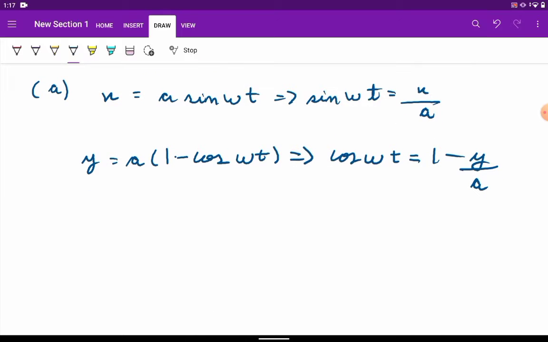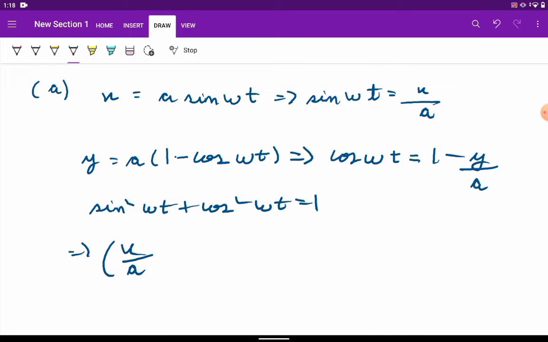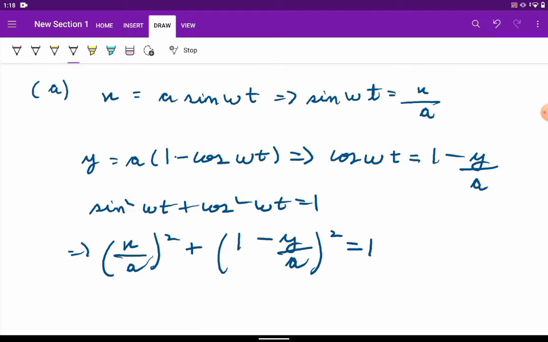Now from the trigonometric identity you already know that sine square omega t plus cos square omega t is equal to 1. This means (x by a) whole square plus (1 minus y by a) whole square equal to 1.